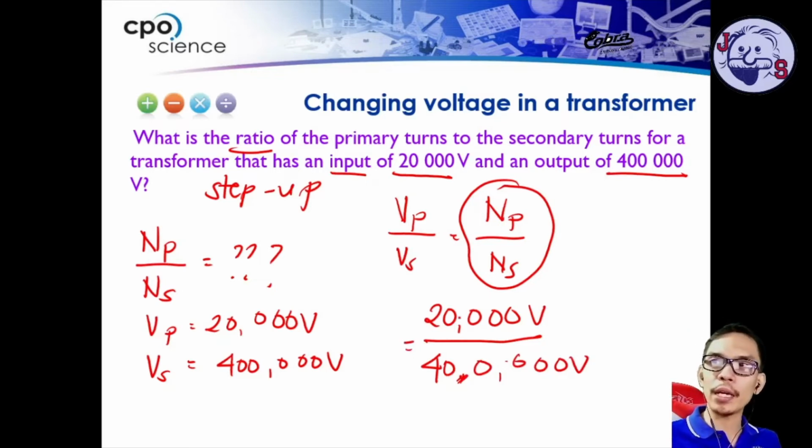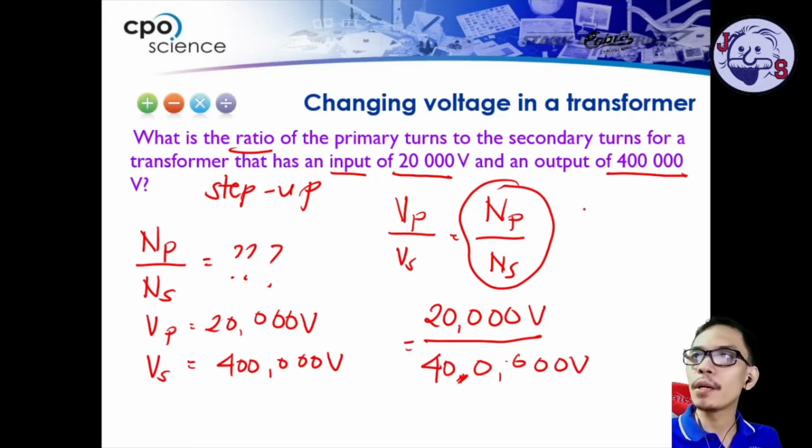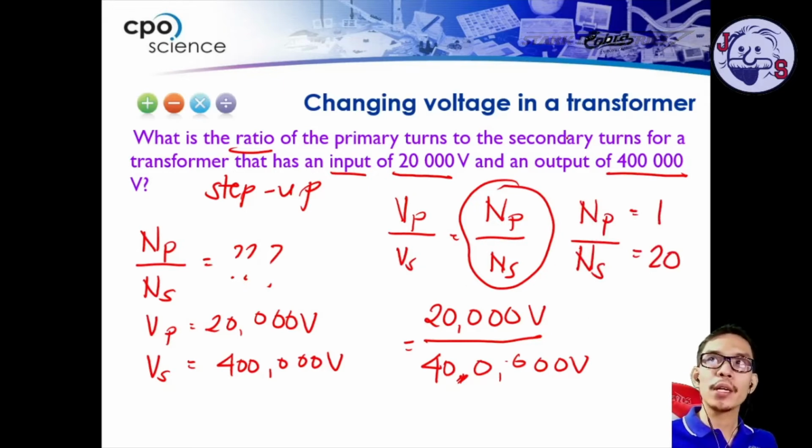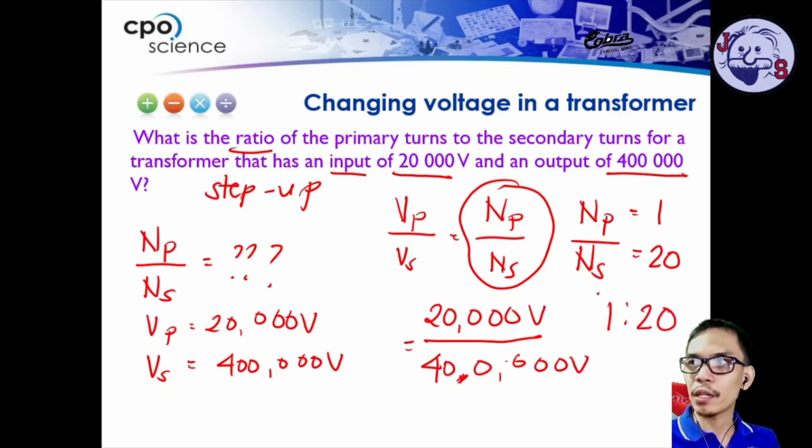Dividing it properly, Np is equal to 1 and Ns is equal to 20. So the ratio of primary turns to the secondary turns is 1:20 respectively. That is the complete answer.